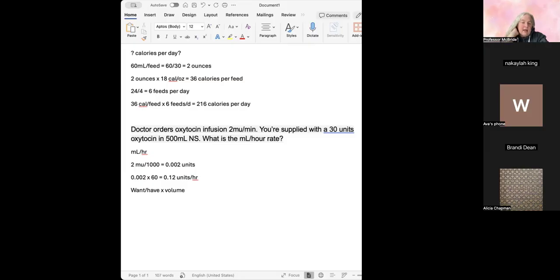So now what I want is 0.12, over what I have, which is 30 units in the bag, times the volume, which is 500 mLs. If we multiplied by 500 first, we still needed to divide it by 30, and we would have still got the same answer.